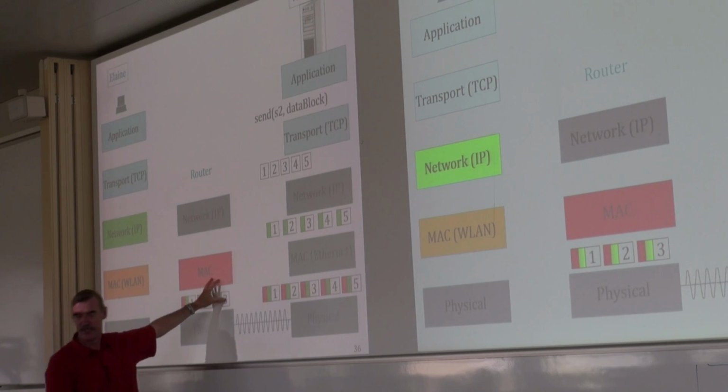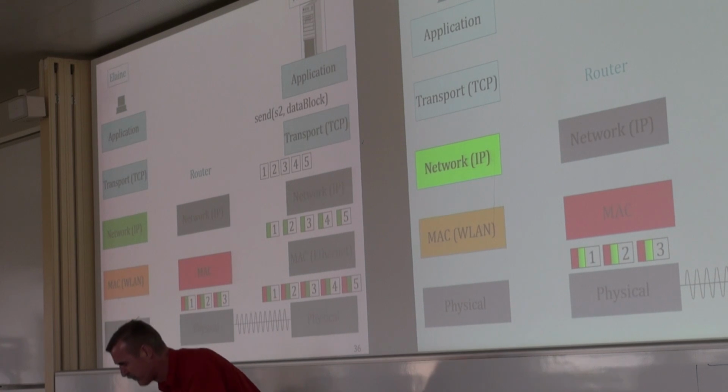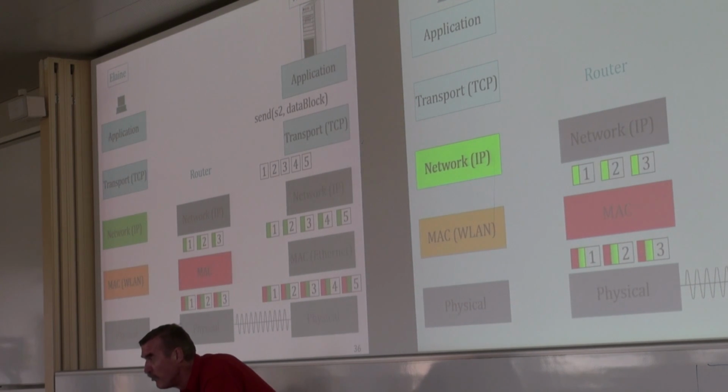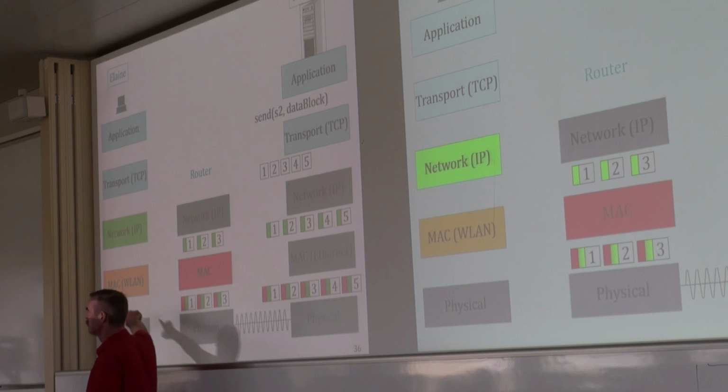So the router will receive those packets, one after the other, not necessarily all together. We'll remove the Ethernet header and will do its job as a router, which is primarily to analyze the IP destination address. So we'll look at the green stuff. Now the green stuff will say it is here.